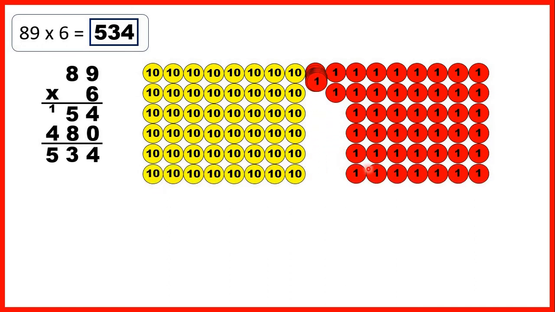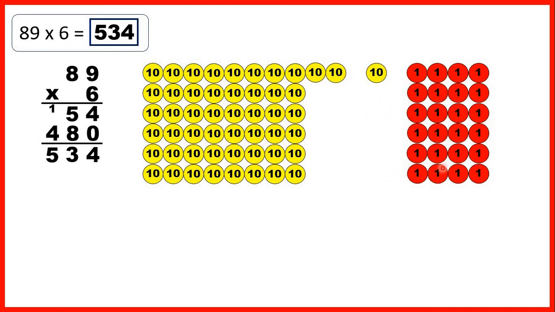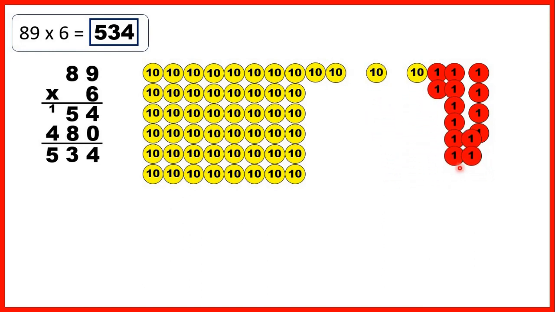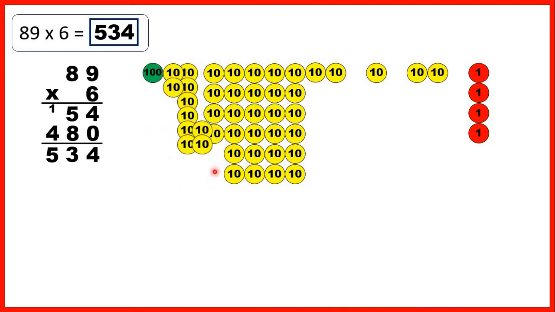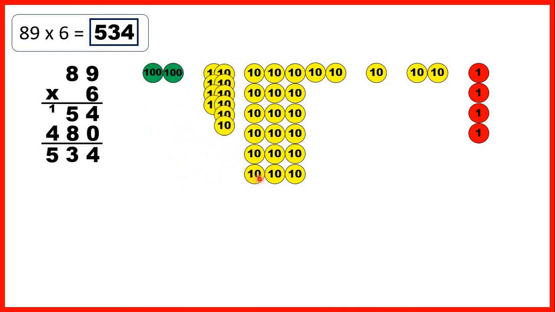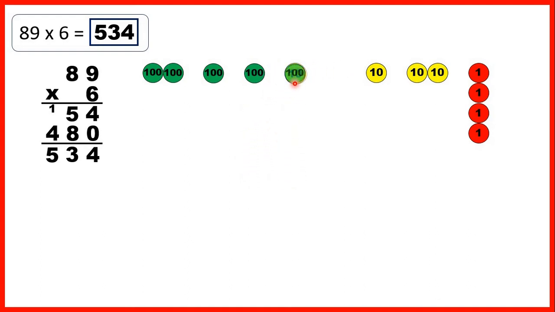Now we can regroup 10 ones for 1 ten, and we can regroup 10 tens for 100. So now that we've regrouped as much as we can, we see that we have 5 hundreds, 3 tens and 4 ones. So that's why our answer is 534.